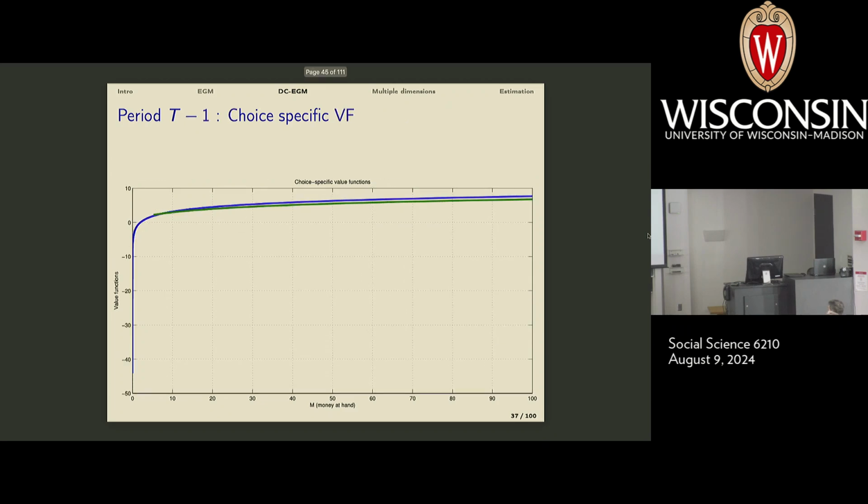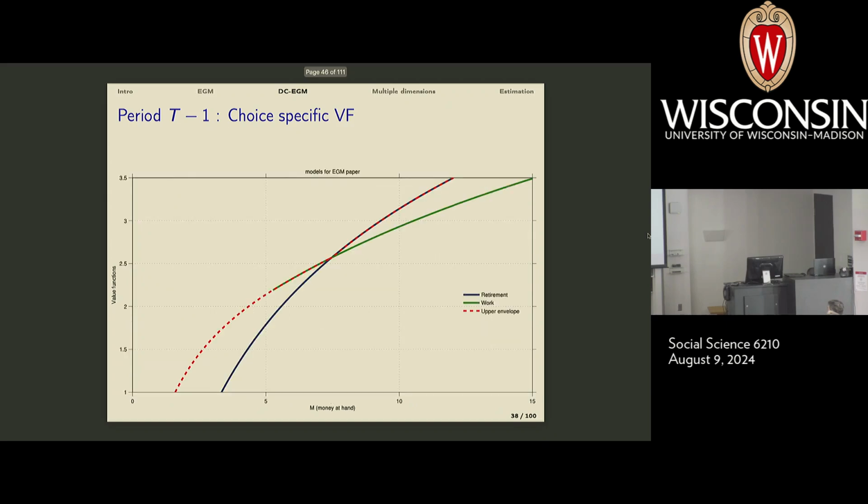Now, as we go to capital T minus 1, this green line is still the value function of working. I stopped it here because the graph did not continue with this analytical continuation. But there's going to be an intersection point, something like this. If we calculate the upper envelope, then we have the true value function, the one that corresponds to the Bellman equation.